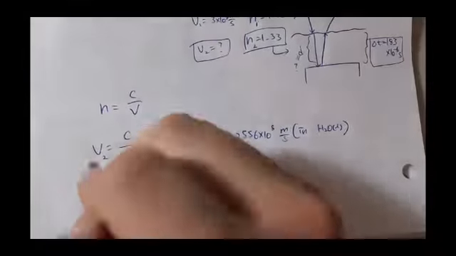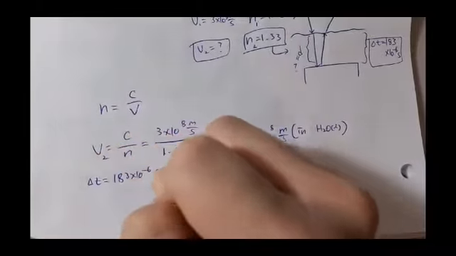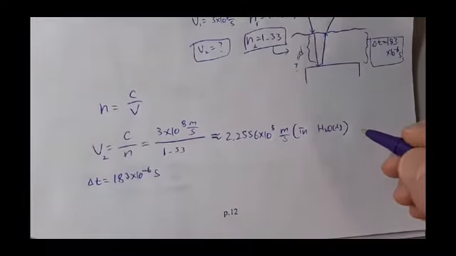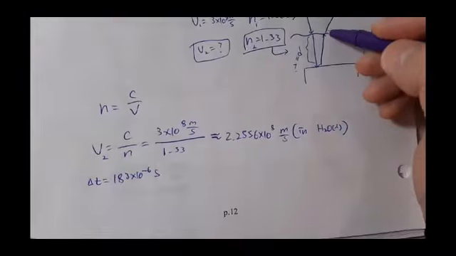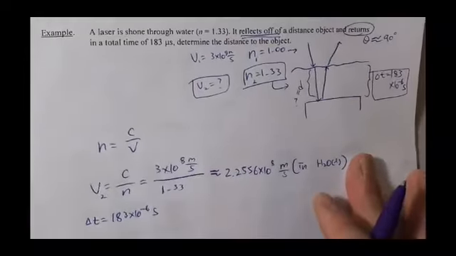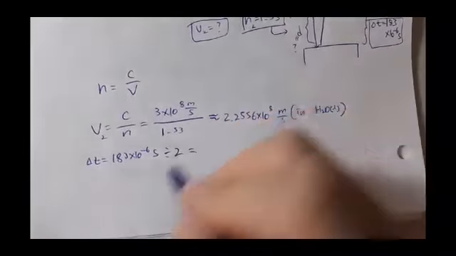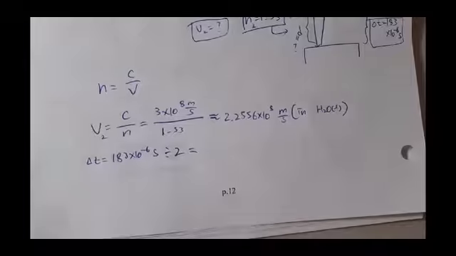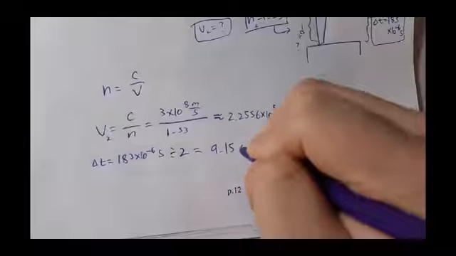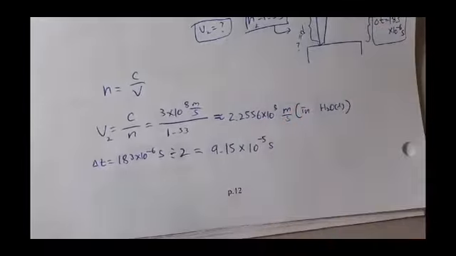Now, we know our time, which is 183 × 10^-6 seconds. If you think about going back and forth, it specifically said it's a returning time. That means I better divide this time by 2, because it's a total time. If I divide this by 2, it should be about 9.15 × 10^-5 seconds.